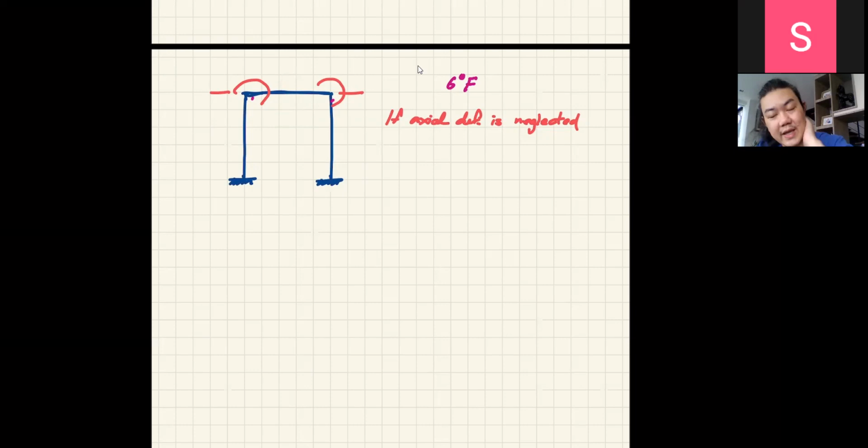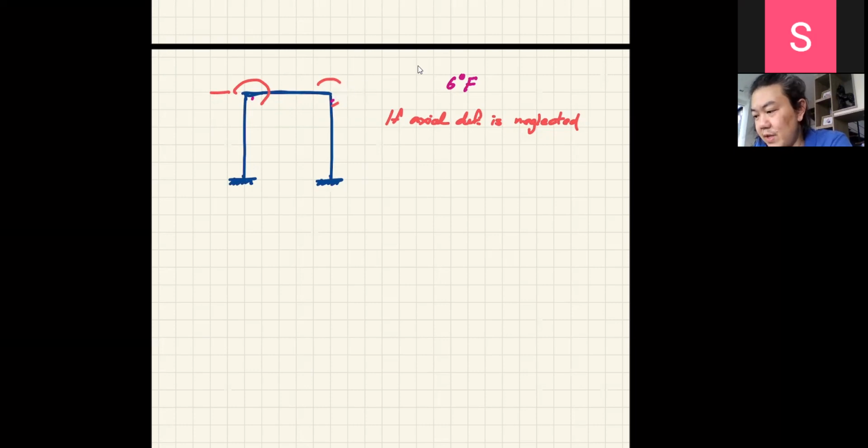Because when you push this frame, it will move to the side, these horizontal displacements should be the same due to the axial deformation being negligible, but still you cannot erase them both. You need to have one to identify the horizontal movement of your system.